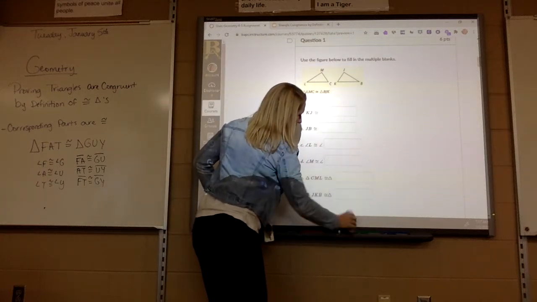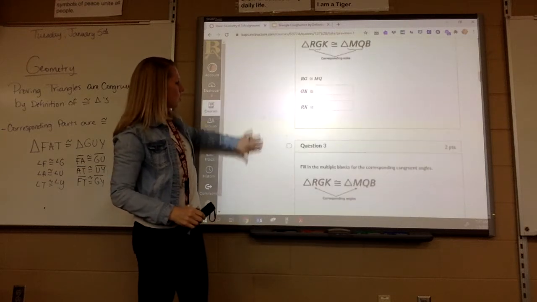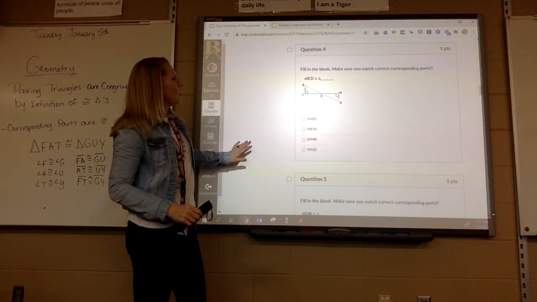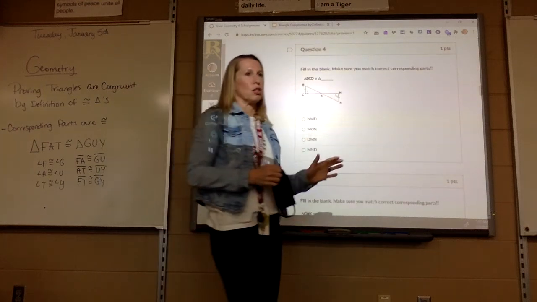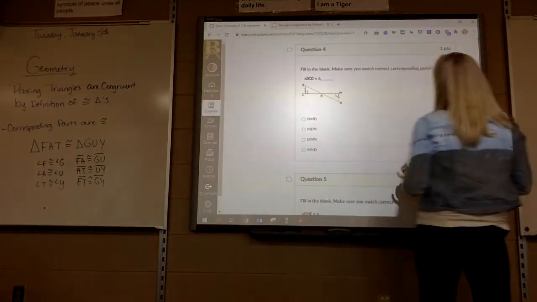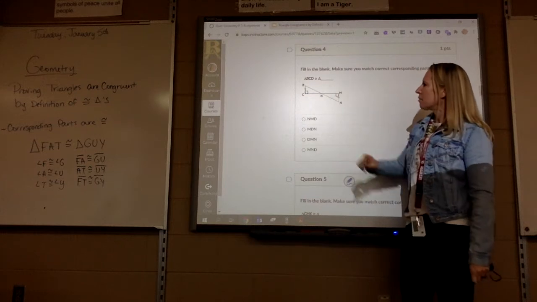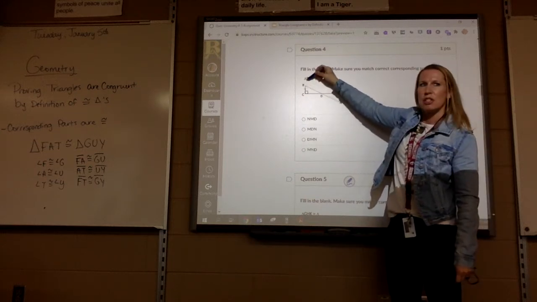Okay, let's see. So you'll have to do the same thing for question 2 and question 3. So question 4, let's look at question 4. We have to make sure we line up correct corresponding parts. So if I look at BCD, notice if I go from B to C, see how I'm going over that line with the slash?